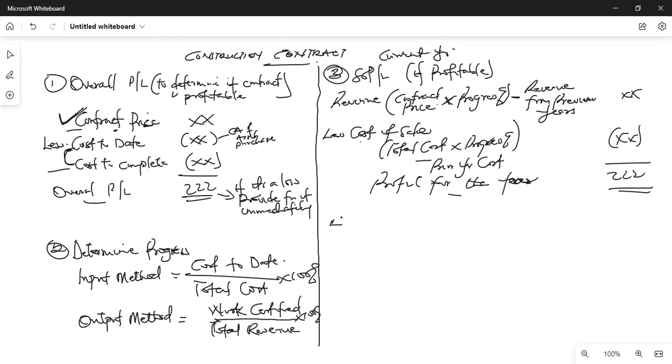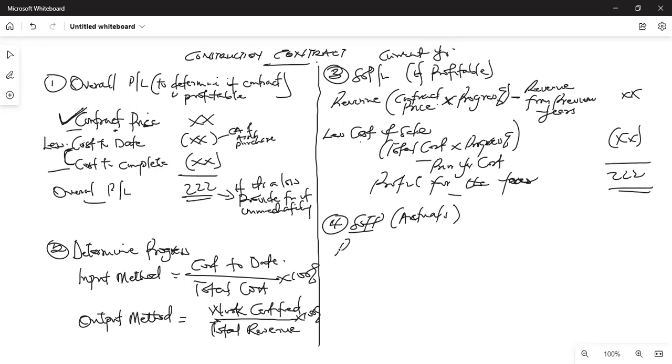Last step you need to go through and do is to prepare your SOFP, sort of. Your SOFP, sort of, because you have your P&L here and this one is like SOFP. So how do you do it? Here we are looking at the actuals, all right? What has actually happened, the actuals.